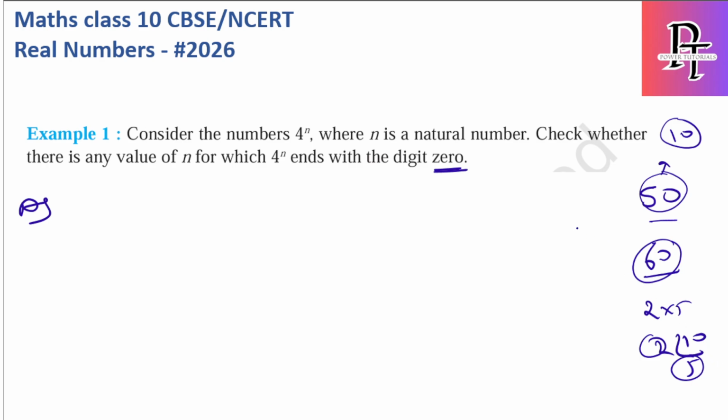Okay, so every number which is ending with 0 has to have at least one 2 and one 5 as a prime factor.